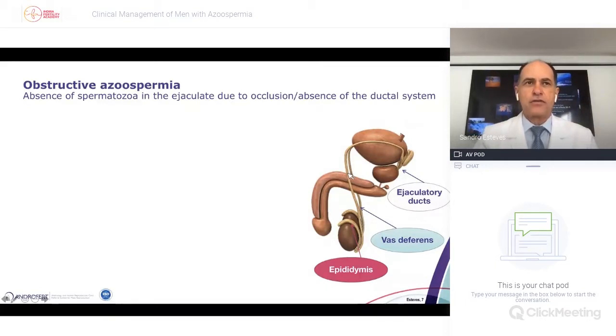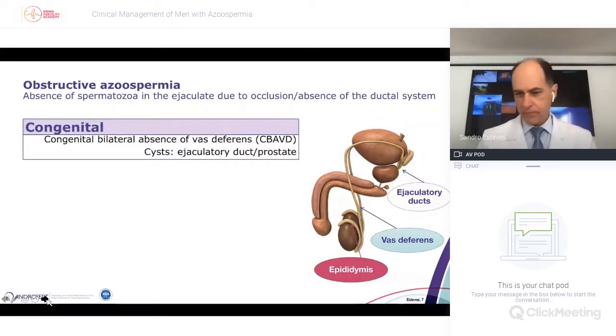This is congenital bilateral absence of the vas deferens that usually comes with hypoplasia of the ejaculatory ducts and also sometimes absence or partial absence of the epididymis. So it could be related to actually mechanical block or absence of part of the ductal system.